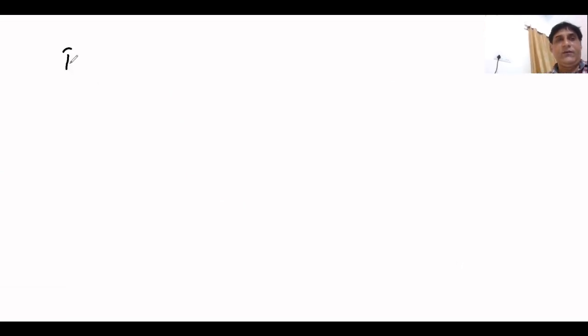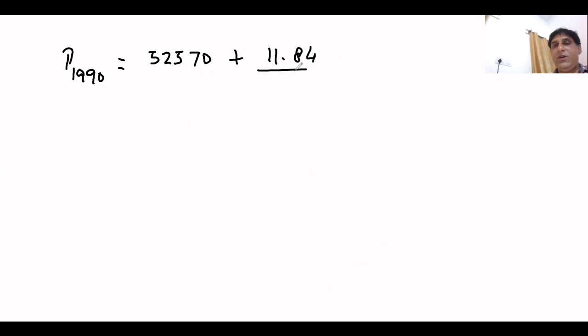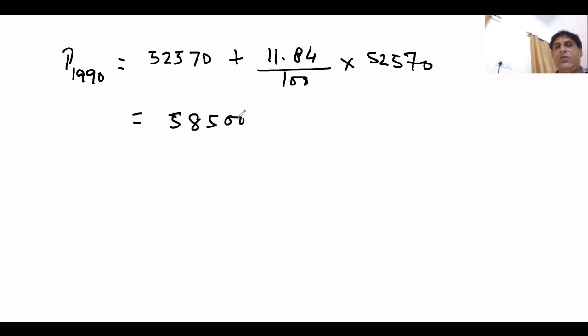So population of 1990 would be 52570 plus 11.84 on 100 into 52570. So this would work out to actually 58500. I mean, whatever, say approx.